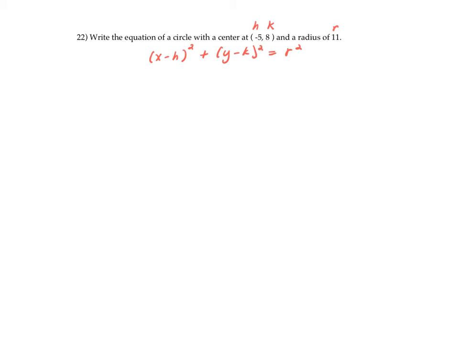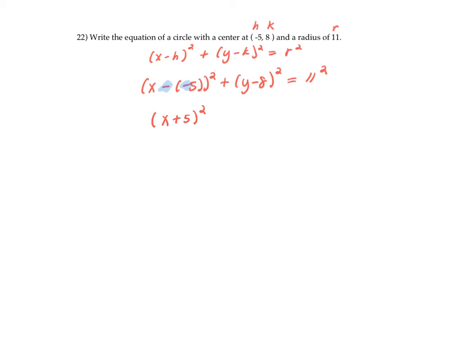So we're going to write it first as x minus a -5 quantities squared plus y minus 8 quantities squared equals 11 squared. So if we're subtracting a negative, that goes to addition. That just becomes x plus 5, so you need to simplify.